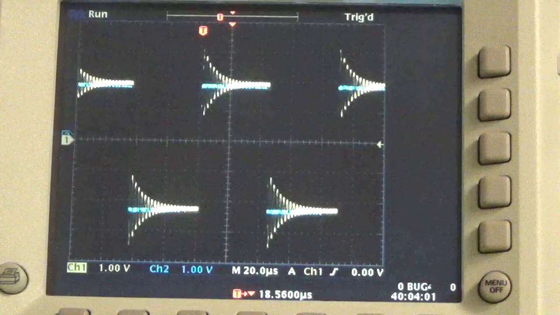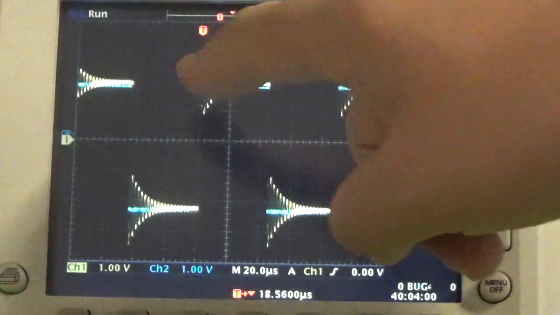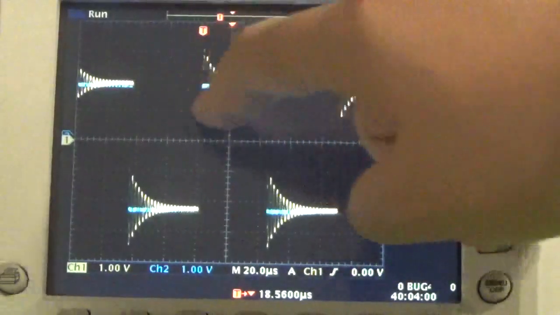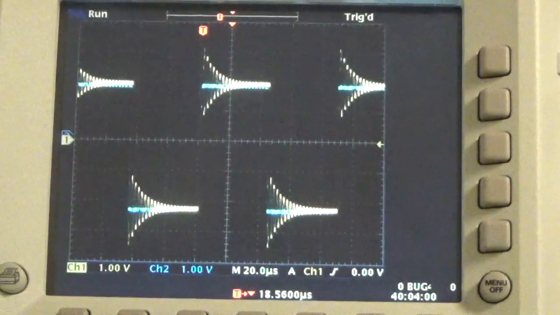Now what we can do from this data is count how many oscillations we have. So I will go here and try to count the oscillations.